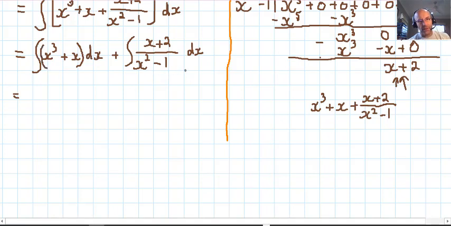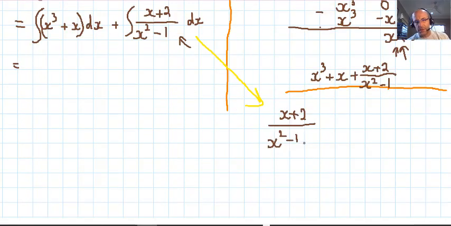This term here, which we have to integrate, is going to be a case 1 partial fraction situation. So I could put that further down here on the right hand side. Now x plus 2 over x squared minus 1, you're thinking, where are these distinct linear factors? Well, down on the denominator, that's the difference of two squares identity.